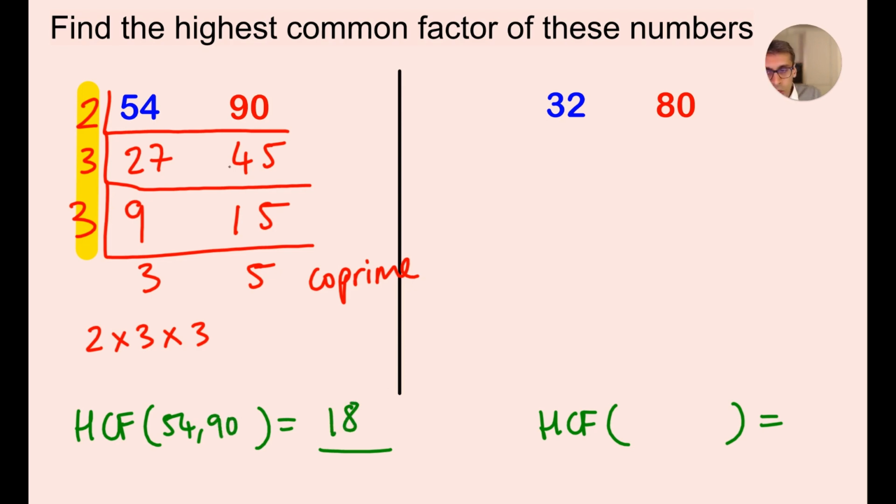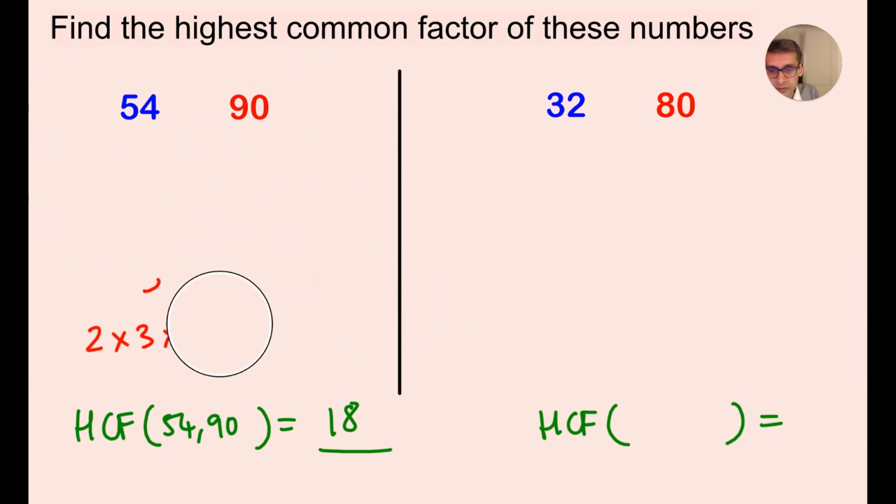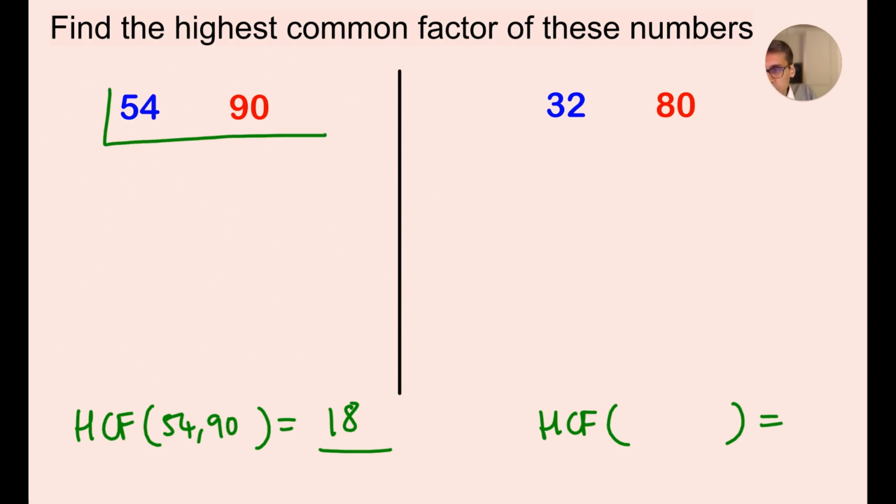Now I'm just going to do this one more time, but slightly more efficiently, just to show you that it can be done this way. If you just rub this out, remember, because it's not product of primes, it's just highest common factor, we can divide by 9 straight away. In fact, you can divide by 18 straight away as well, but we're going to do 54 divided by 9.